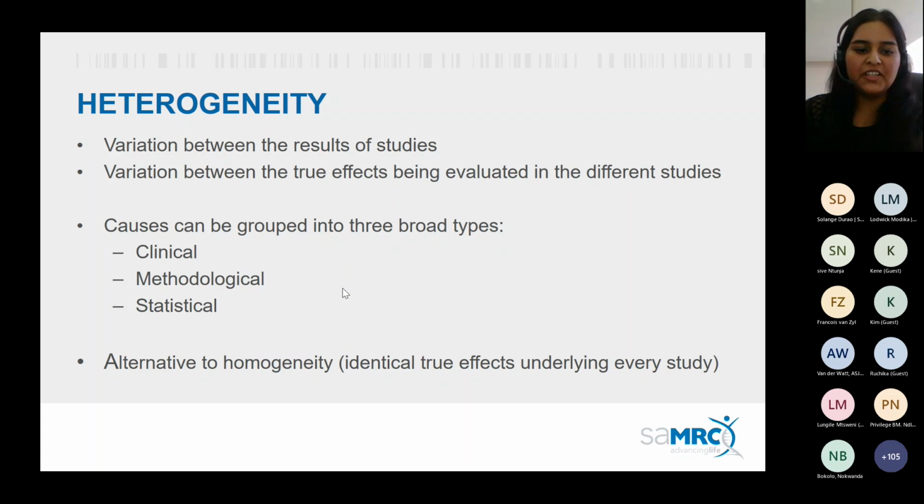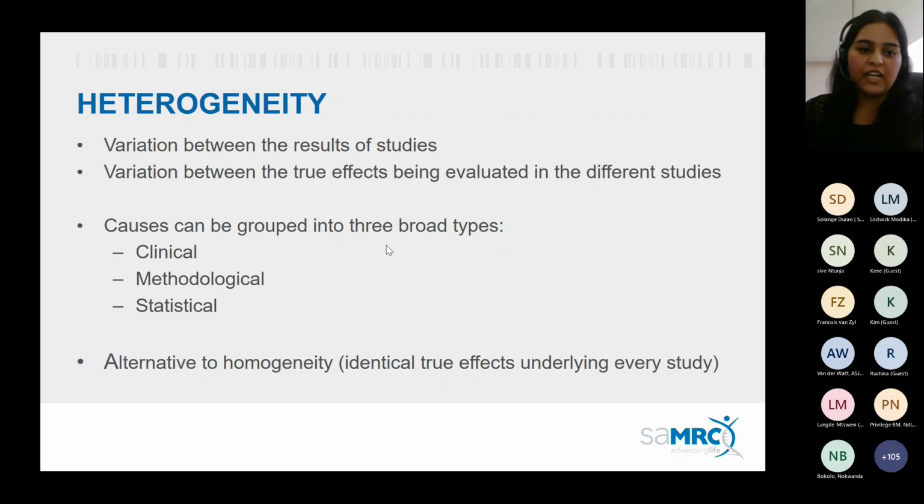Okay, thanks, Solange. Okay, so the next thing we're looking at is heterogeneity. So heterogeneity refers to the variation between the results of studies, and we know study results can differ. And heterogeneity specifically refers to the differences between the true effects being evaluated in the different studies.